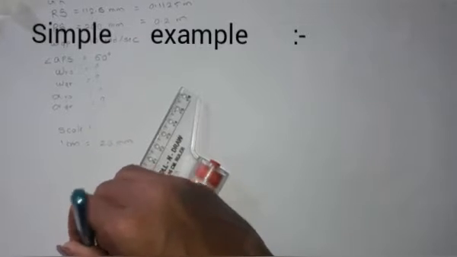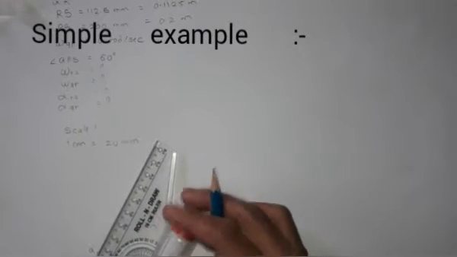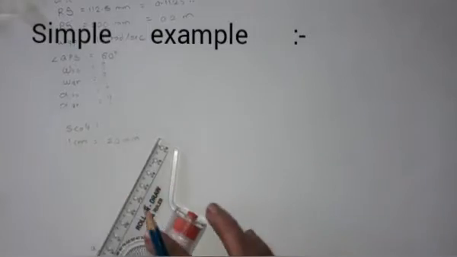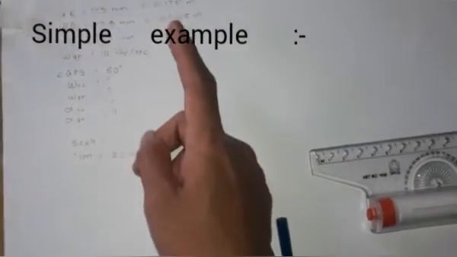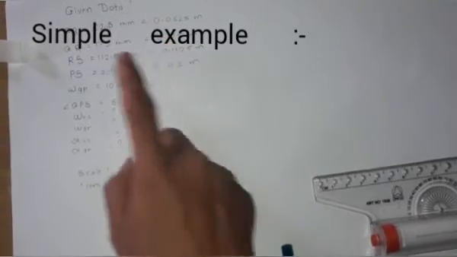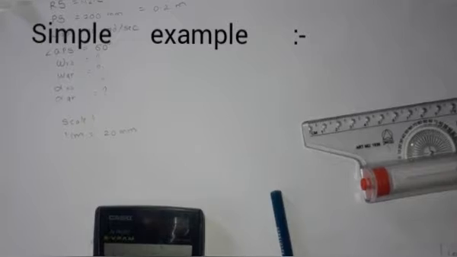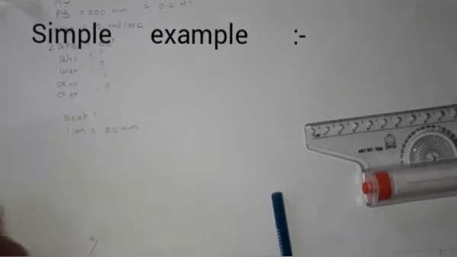So here point Q will be at 3.125 centimeter. Then link QR is 175 mm. From scale it will be 8.75 centimeter.